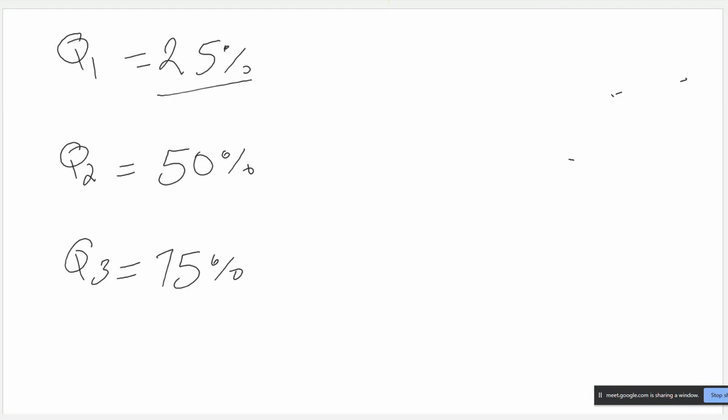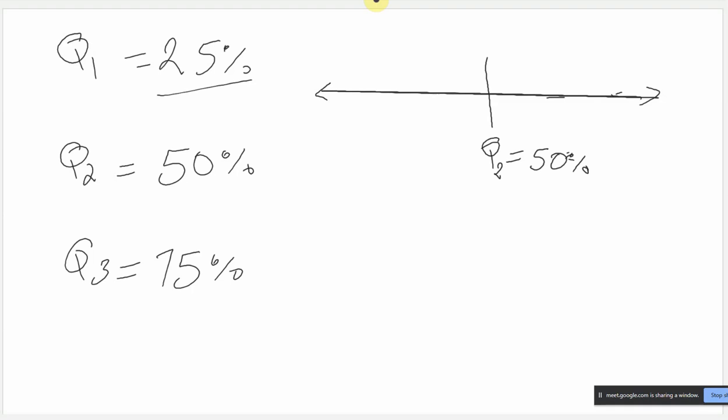So let me draw something like a line, to show you exactly what I'm trying to say. So this is a line over here. This line I divided by 2. So this is my Q2, which is the 50%, right?